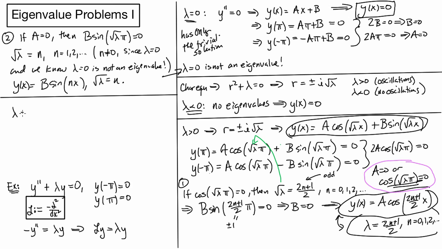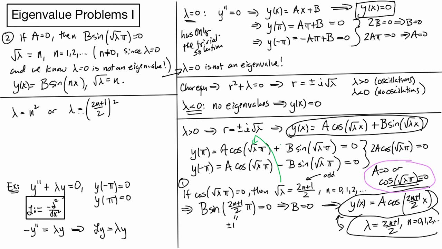So lambda is, if I take the square of both sides, n squared, or lambda is of the form, going back over here, 2n plus 1 halves squared. These are my possible eigenvalues.